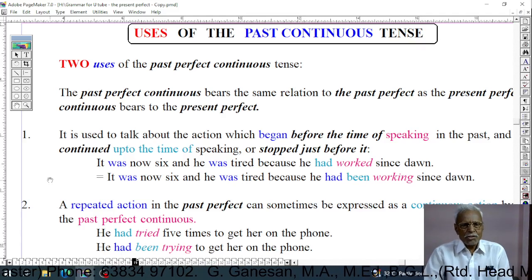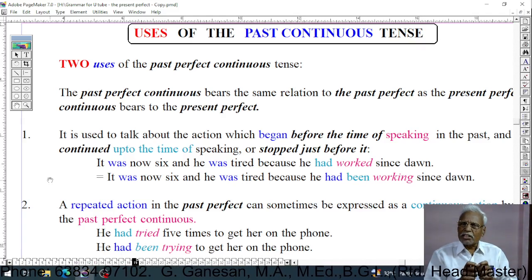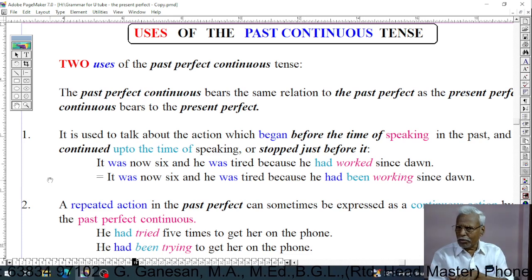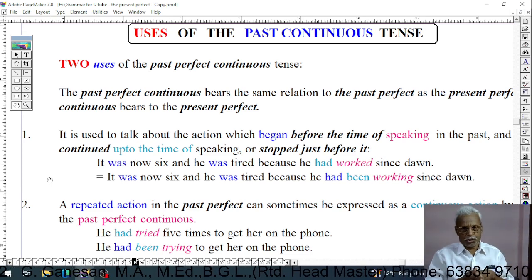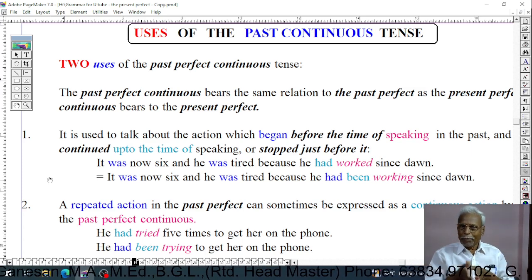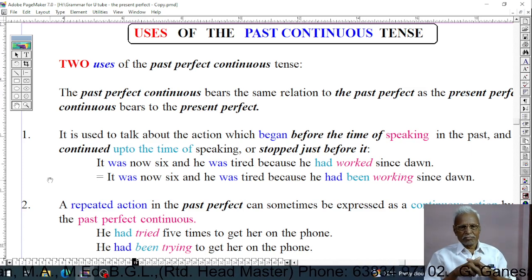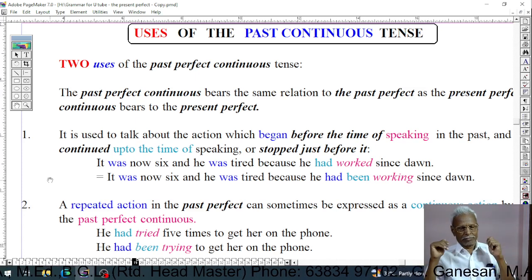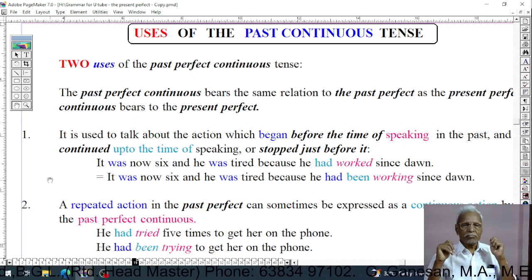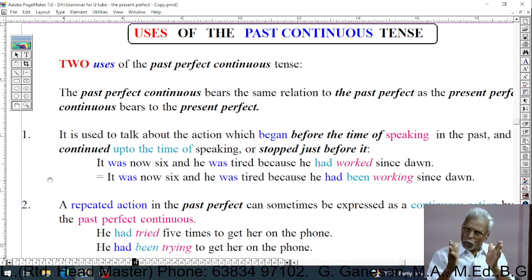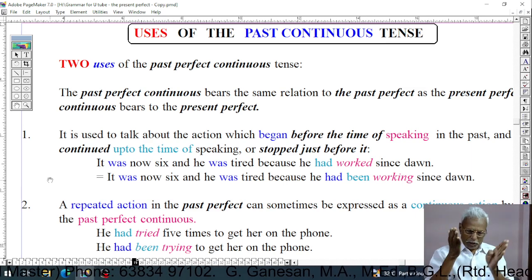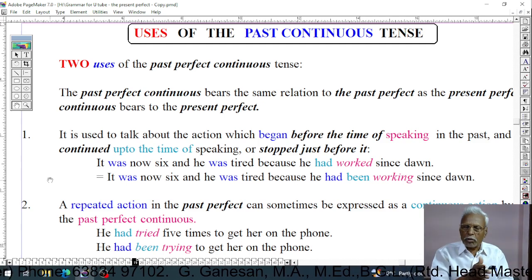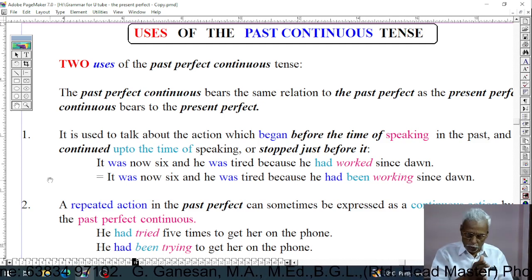My dear students, the past perfect continuous is not used in ordinary speech. It is rarely used, but in writing and in doing grammar in the exam, we have to use it.